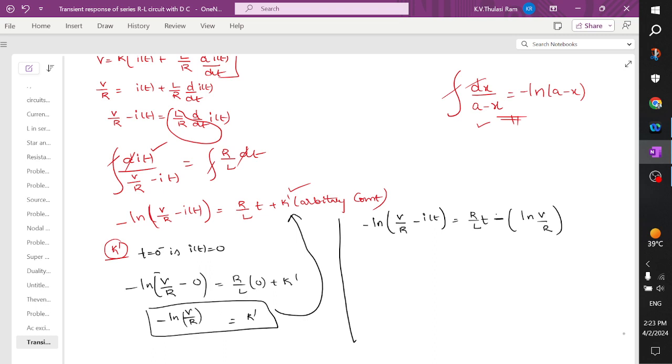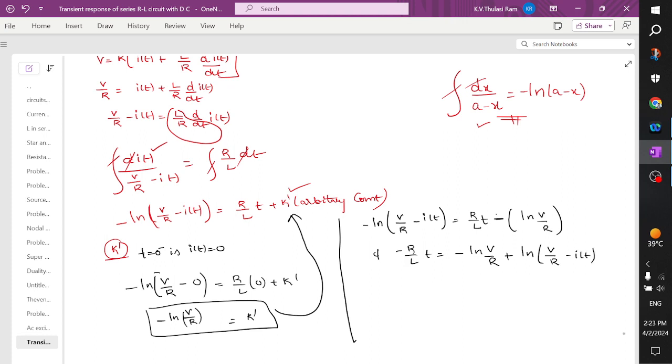Let's move them to one side. When you move it, you can write minus r by l into t is equal to minus ln v by r plus ln v by r minus I of t.